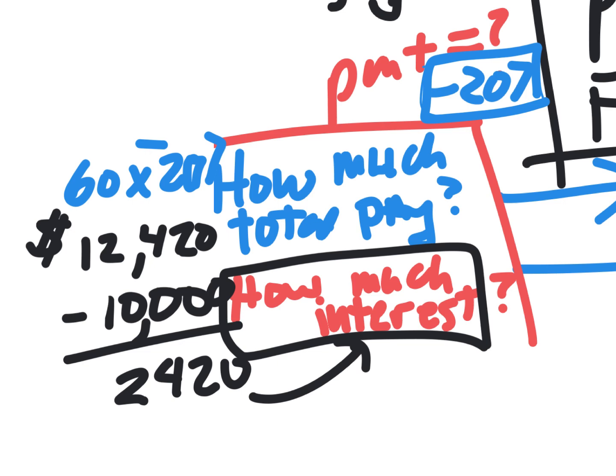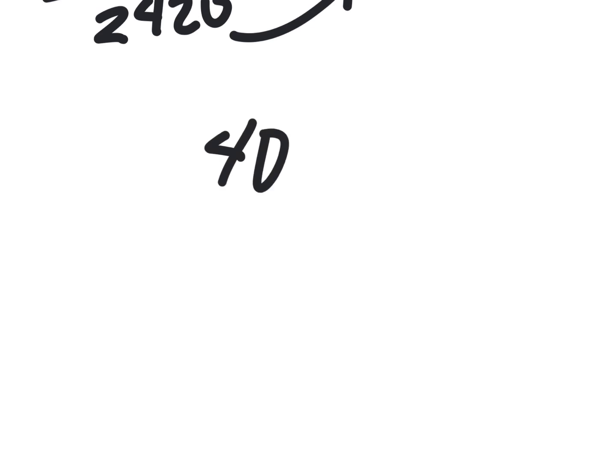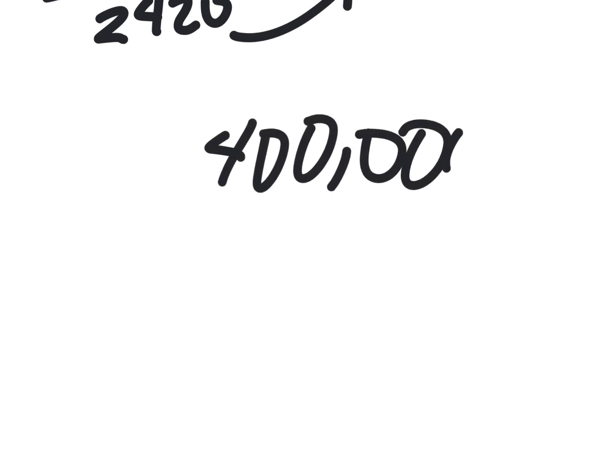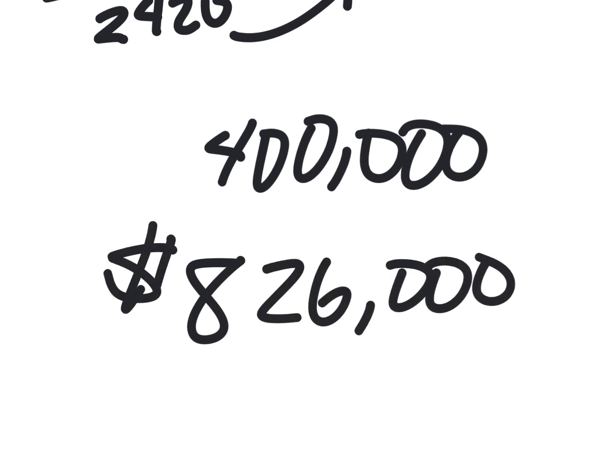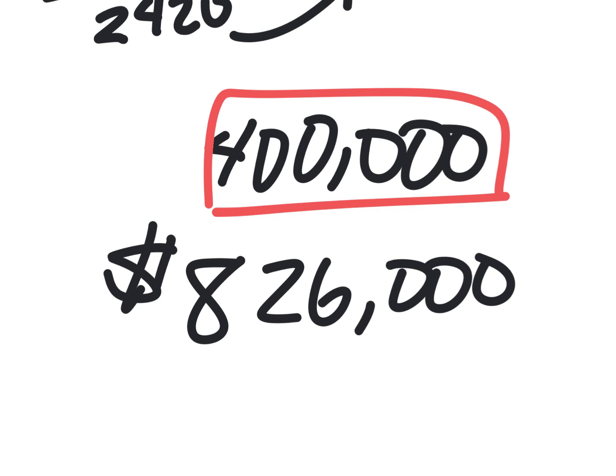If your house was going to cost 400 grand, by the time you're done, you didn't just pay 400 grand, you paid the interest too, and the total might have been $826,000 that you actually paid for your $400,000 house. Why? Because of interest. So the bank makes like 400 grand of interest off of you, but yet that's the only way you can really buy a house.